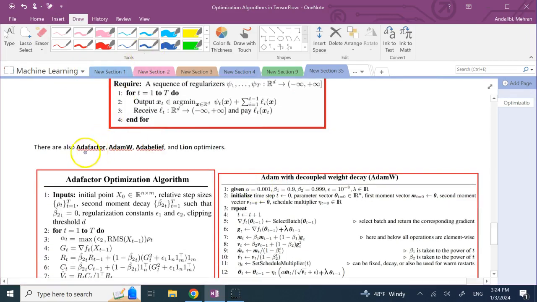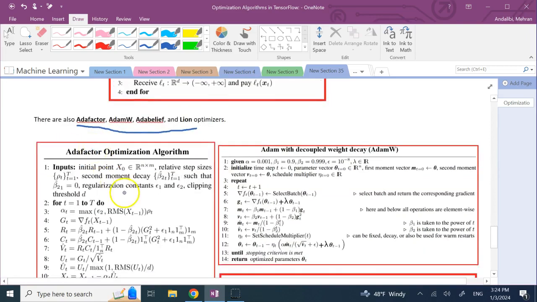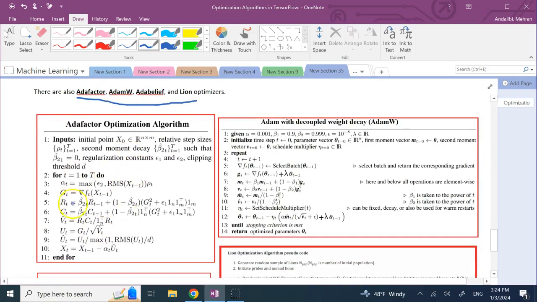There are 4 other algorithms that I did not talk too much about, but I just show you their pseudocode. If you are interested, you can see all of them in TensorFlow. One of them is called Adafactor, which has this algorithm here. You can see that again, it needs some parameters. It needs alpha, right? It needs beta 2, correct?